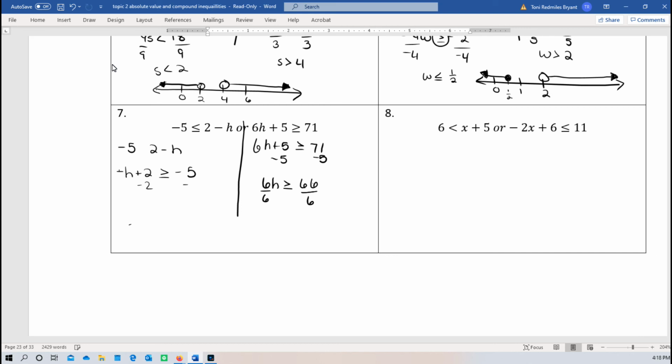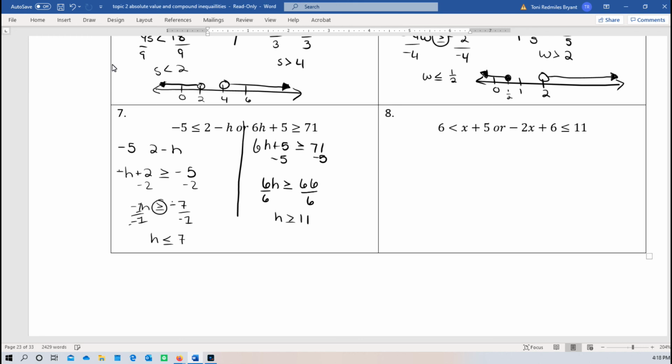So now when I do this, I'm going to get all of the same stuff, but when I go to flip my inequality, because I divide by -1, it's going to flip the other direction. It's going to go to less than or equal to 7. I took it down wrong when I did that.